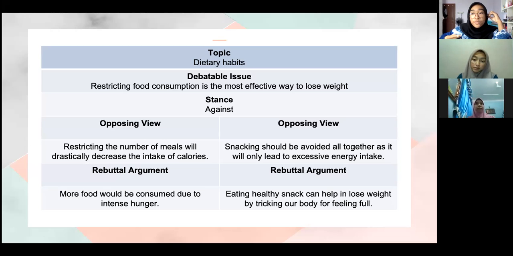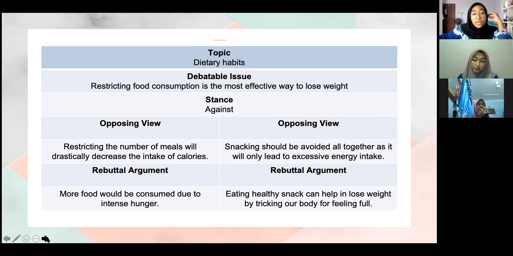And the second opposing view given here is snacking should be avoided altogether as it will only lead to excessive energy intake. And I came up with a rebuttal argument that eating healthy snacks can actually help in losing weight by tricking our body into feeling full.